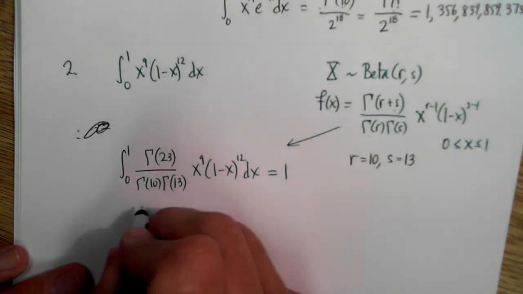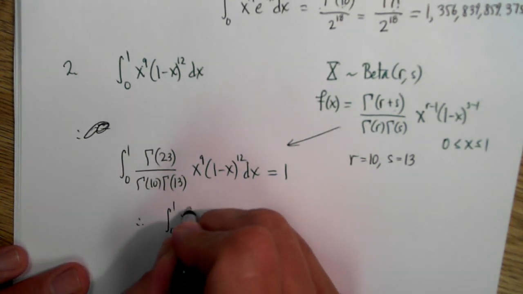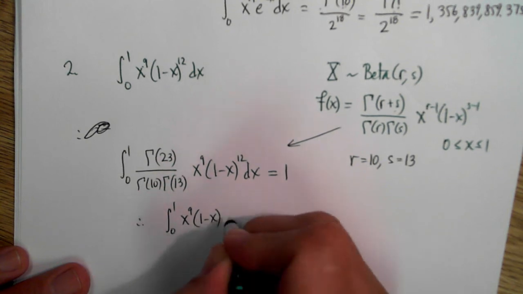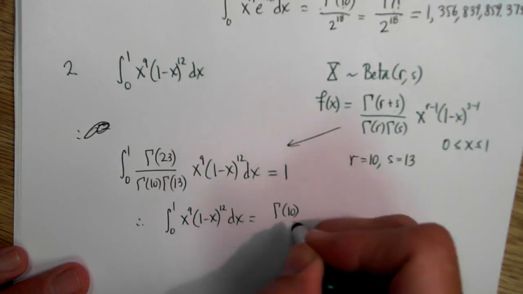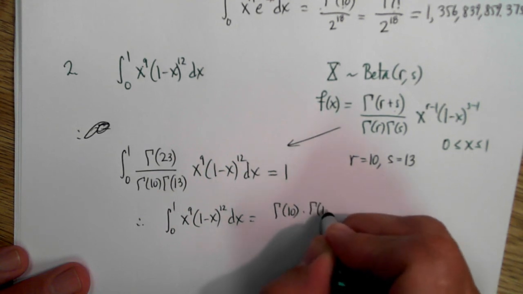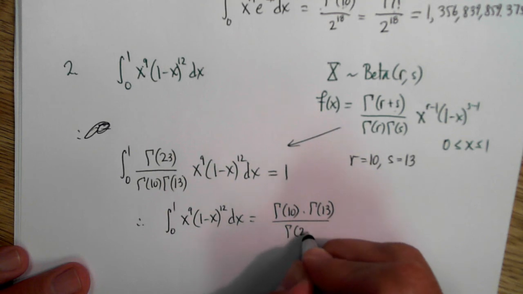So bringing the constant over to the right-hand side, that means the integral from 0 to 1, x to the 9th, 1 minus x to the 12th dx must be equal to gamma of 10 times gamma of 13 all over gamma of 23.